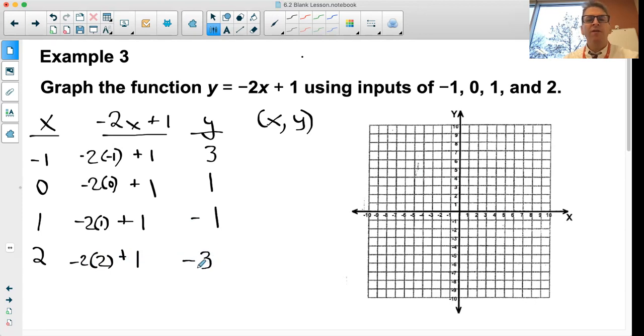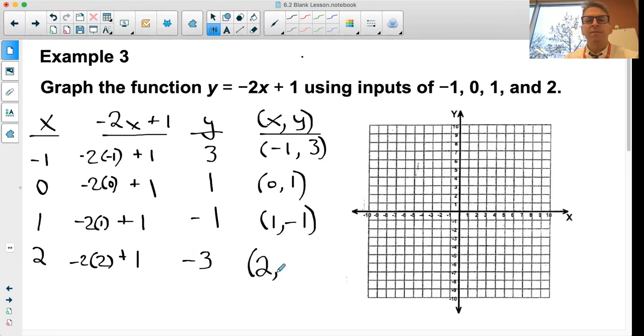So your ordered pairs would be -1, 3; 0, 1; 1, -1; 2, -3. Okay, so there's your ordered pairs.